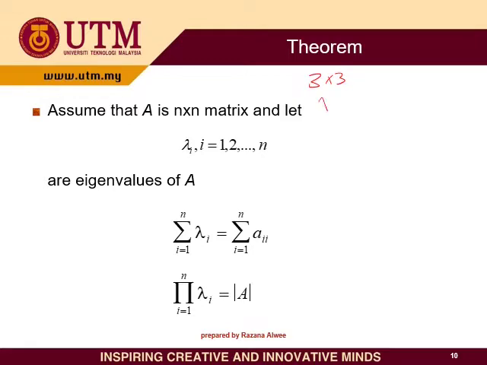For 3 by 3 we have 3 lambdas, and lambda 1 plus lambda 2 plus lambda 3 is the sum of the values on the diagonal: A11 plus A22 plus A33.